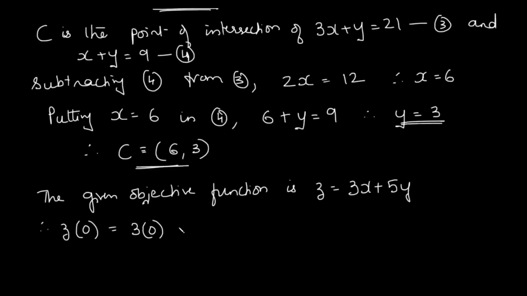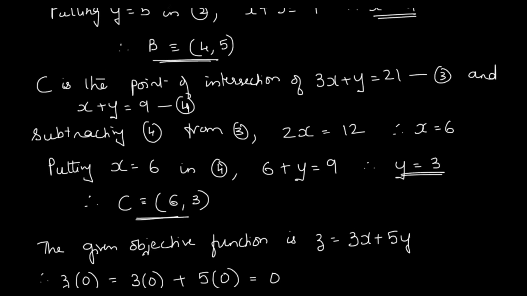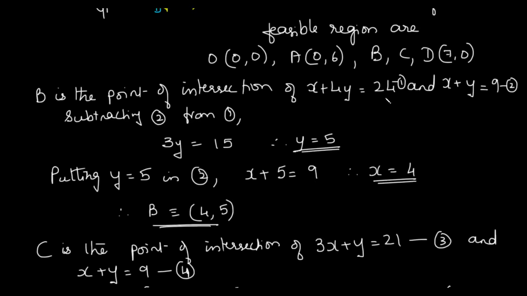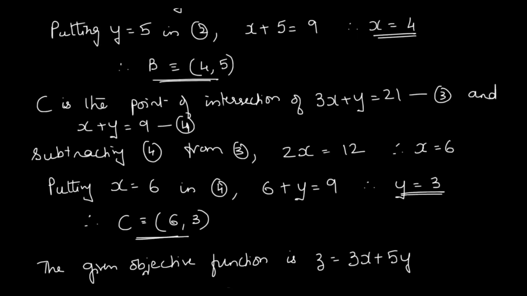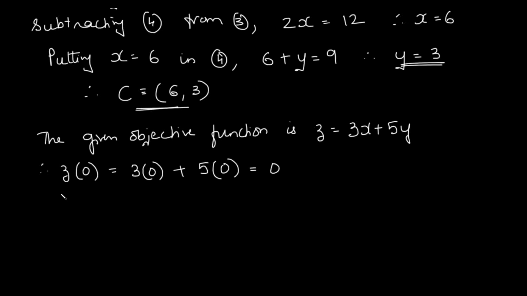We know that it will come out as 0, but just for representation purposes, it comes out as 0 obviously. Then we have the other corner points, that is A, B, C, and D. So first let us find Z_A, which is 3 into 0 plus 5 into 6, which comes out as 30.